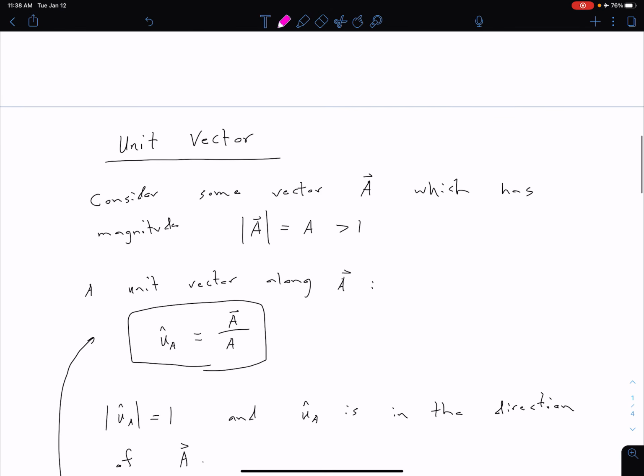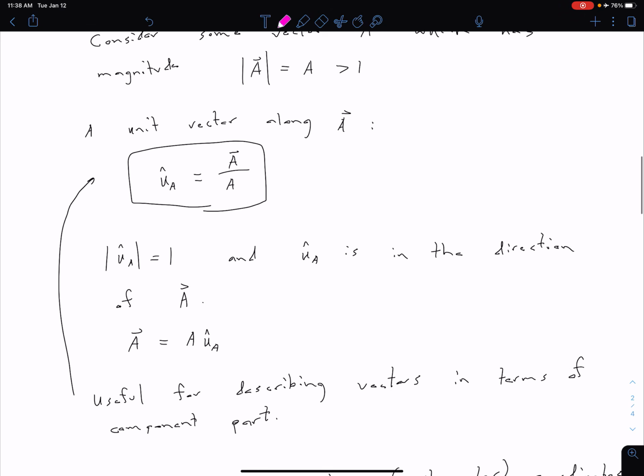One other difference in notation between my notes and the book is the definition for our unit vector. The book uses a lowercase a, and in this case, if we're doing a unit vector along this vector capital A, we'd have an A subscript and just an arrow.